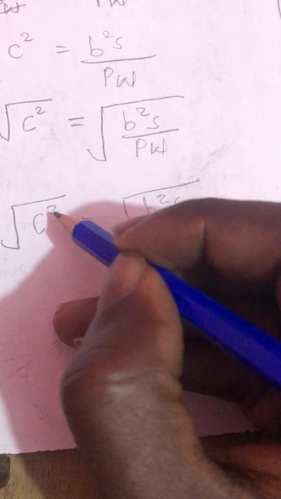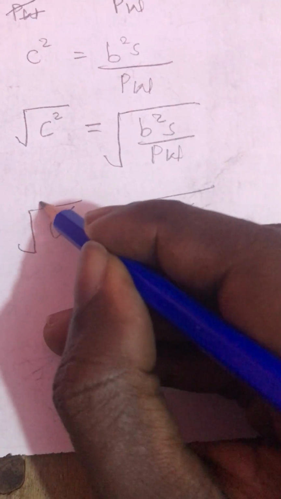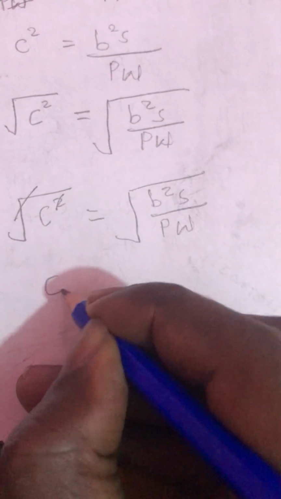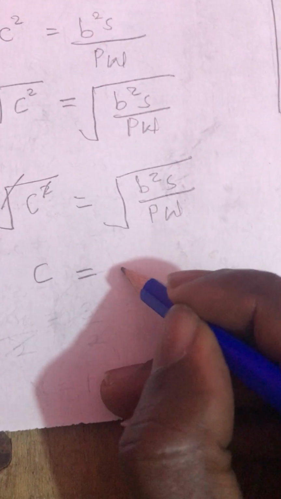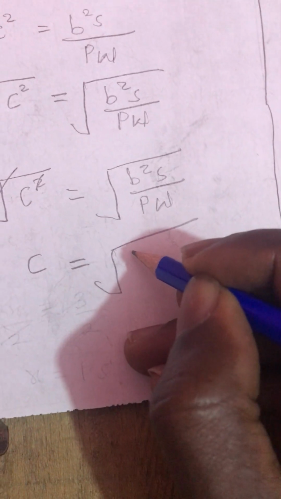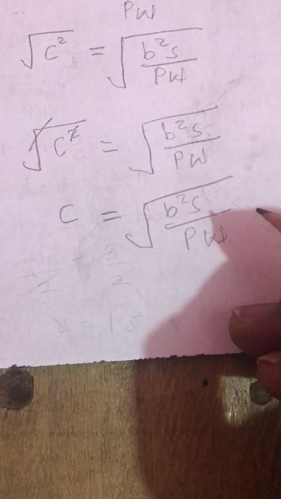So the square here will cancel the square root, right? So for C to be alone, we have C to be the square root of the fraction B square S over P W as our final answer, right?